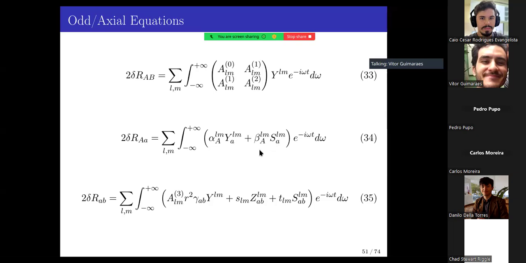So each component of this vector is an equation that contains first and second derivatives of the metric perturbations. In here, we have first and second derivatives of the even metric perturbation, and here we have the first and second derivatives of the odd metric perturbations.